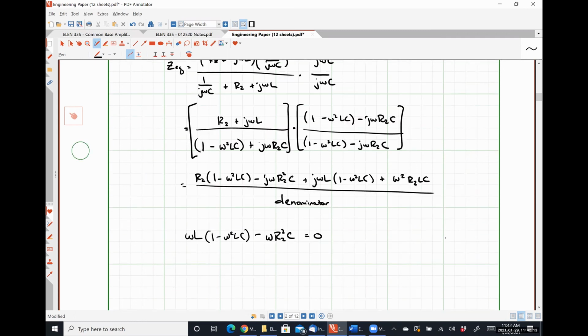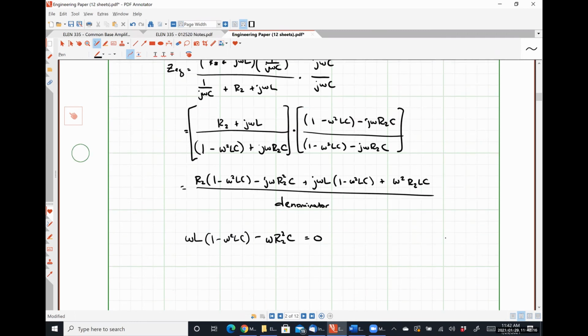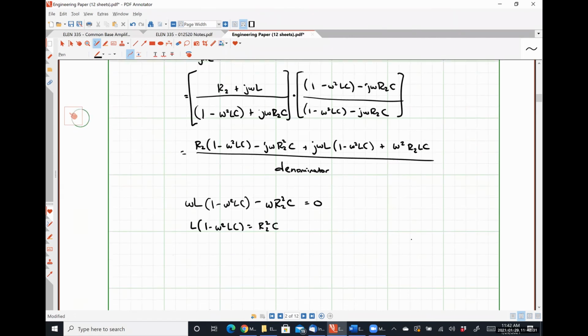So I see that I have a common factor of omega that I could get rid of. So let's say L times (1 minus omega squared LC) is equal to R squared C. So that's going to be L minus omega squared L squared C is equal to R squared C. So L is equal to C multiplied by (omega squared L squared plus R squared).